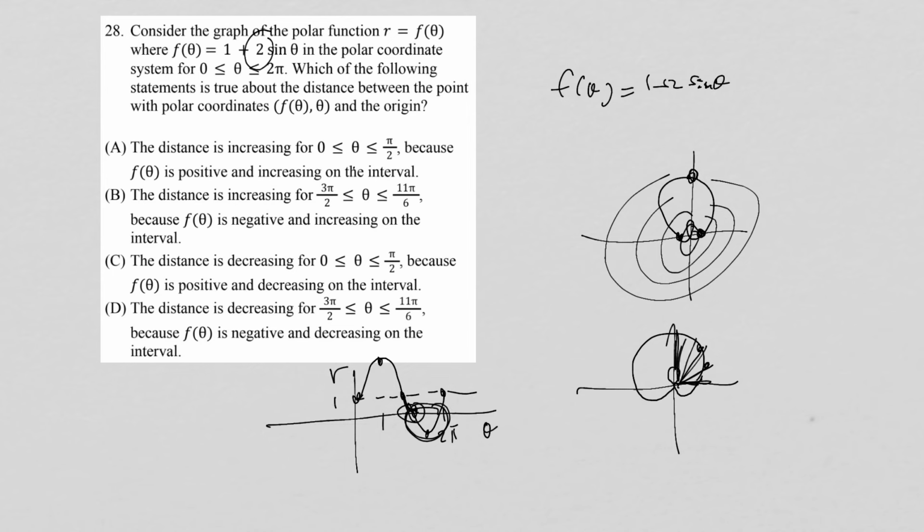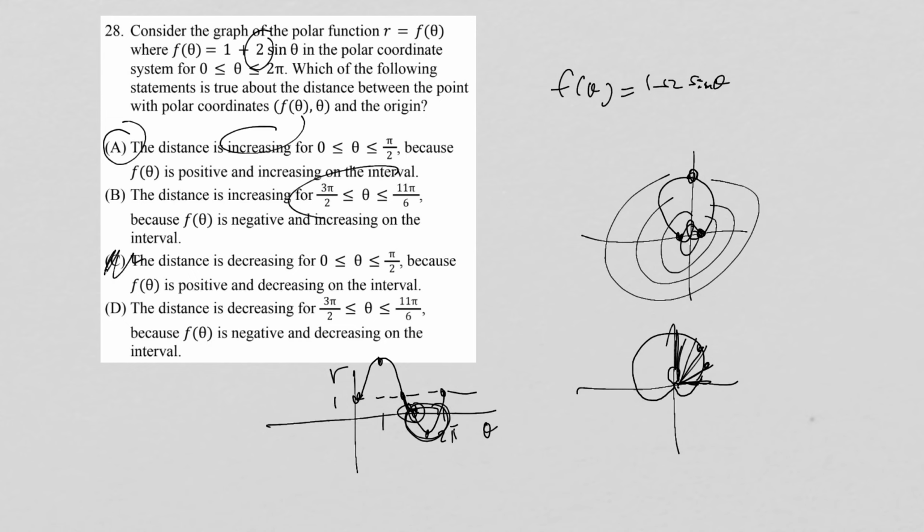So it is increasing, and I think the answer is choice A already. From 3 pi over 2, that's 270. This one's really confusing. I'm really thinking the answer is A. I know it's not decreasing from 0 to pi over 2, so it's not that.